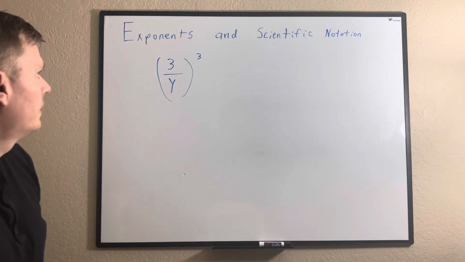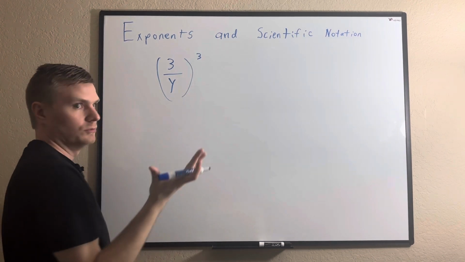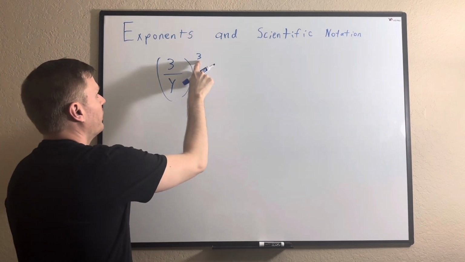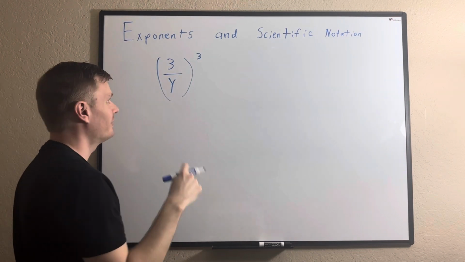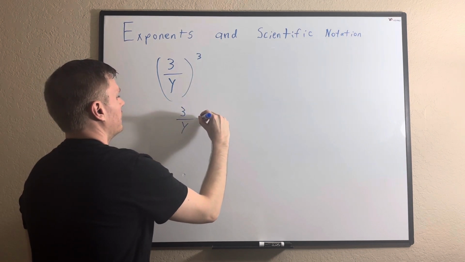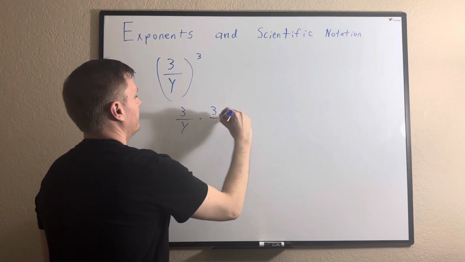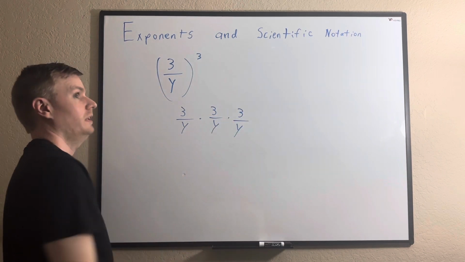Wow, okay. Well, what did we just learn? An exponent is taking whatever it is and multiplying by itself 3 times. So you just take this whole thing and multiply it by itself 3 times.